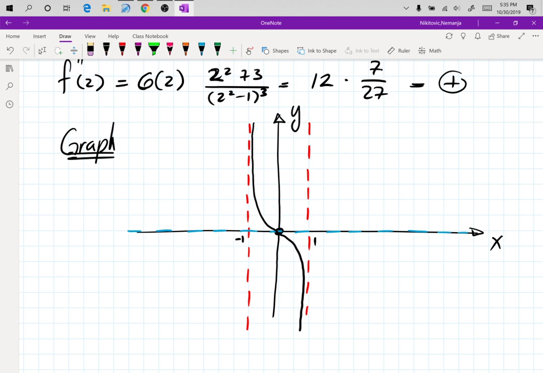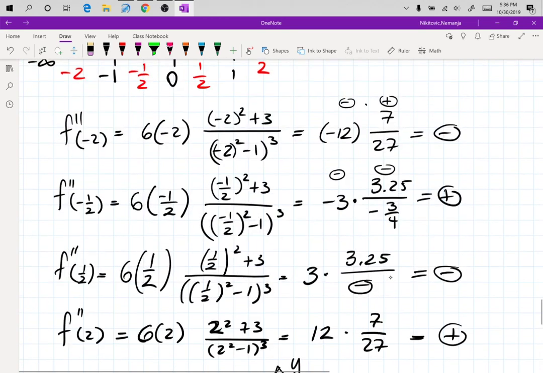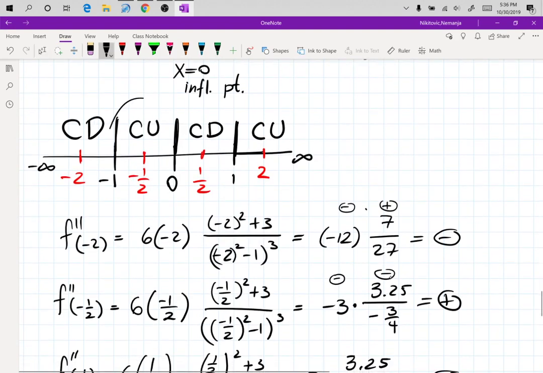And you see that -1 and 0 is concave up, and 0 and 1 is concave down. And that's exactly what we have here. Concave up towards -1 and concave down towards 1. So we're good on that part.